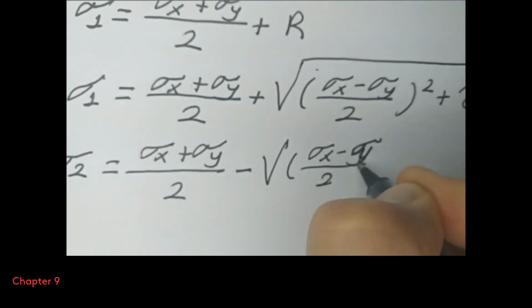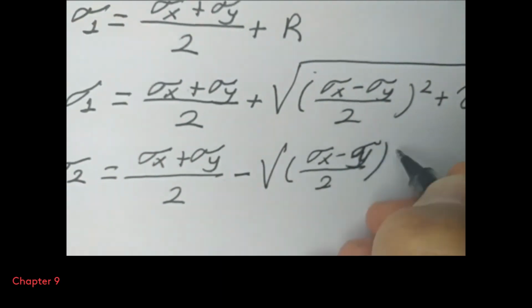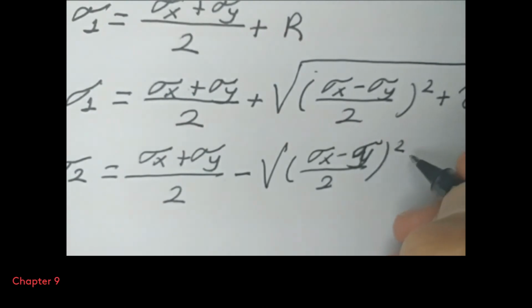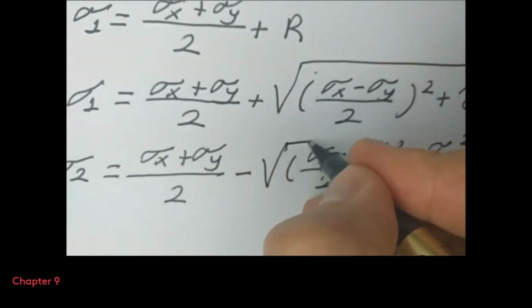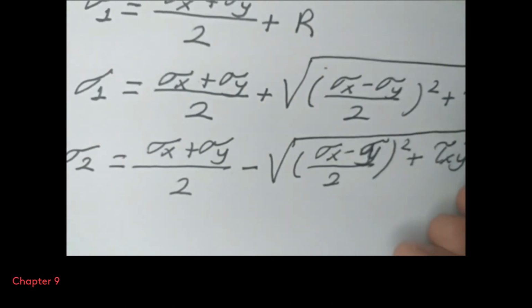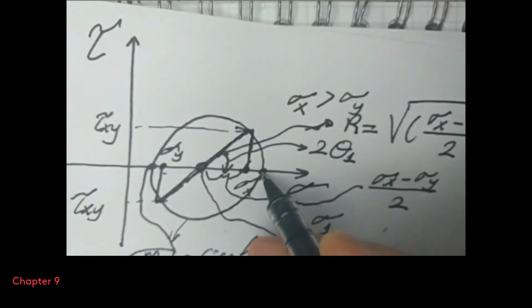So basically these are the two principal stresses that I can reach, which means that at these points, in the case of a plane stress, you reach the maximum values of the normal stresses.